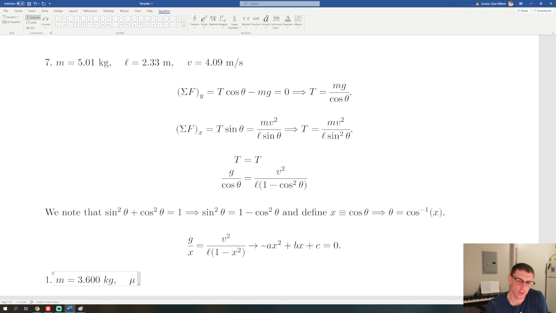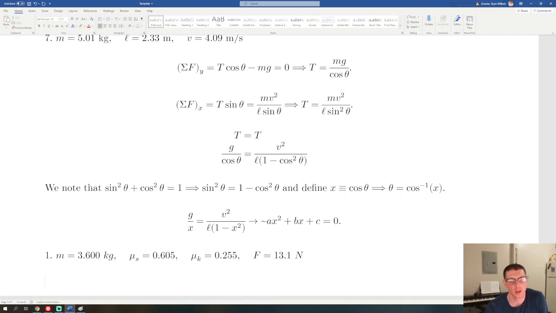We have a coefficient of static friction. For me, it is 0.605. We have a coefficient of kinetic friction, which is 0.255. And we have some applied force, which is 13.1 newtons.